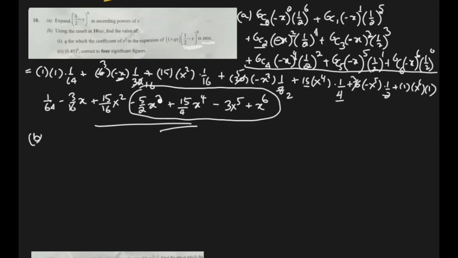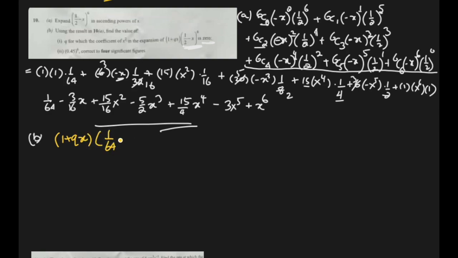If I multiply x cube with anything there, we'll never get x square. So we will ignore these 3 and write only the first 3, which have some scope of giving me an x square. So 1 plus qx is the first, and in the second one I'm writing just 1 over 64 minus 3 over 16 x plus 15 over 16 x square, because only these 3 terms can give me x square.